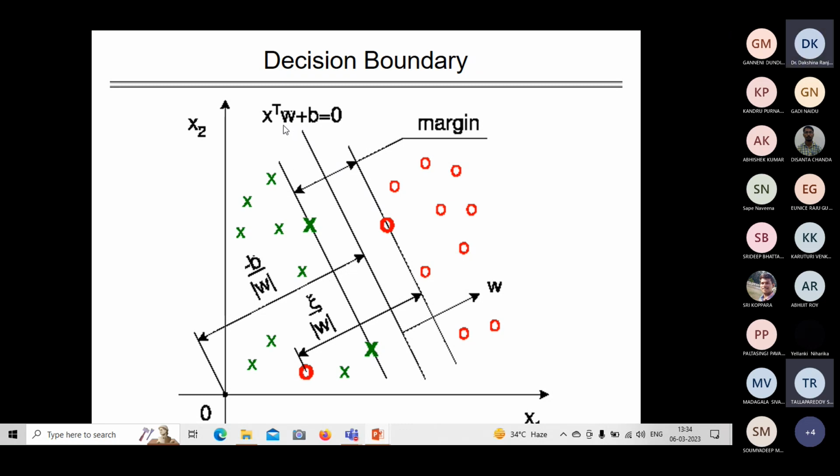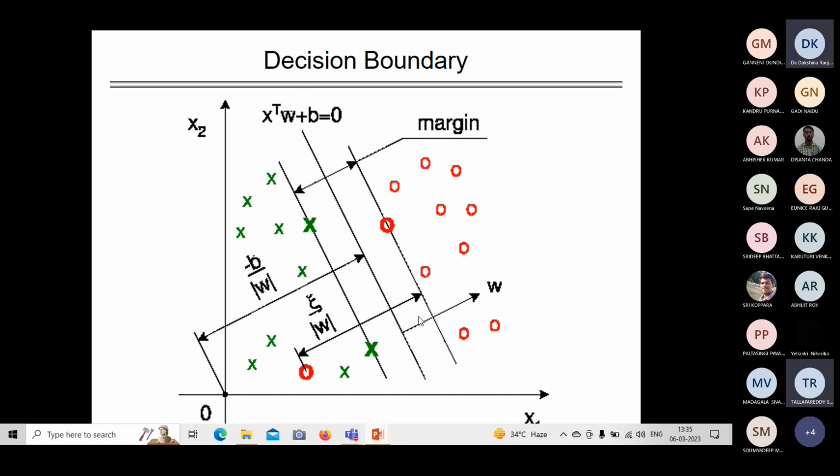We generally write w transpose x plus b equals 0. Here we have written x transpose w plus b equals 0. If we take the dot product, then the transpose should not be written, so in that case we write w dot x plus b equals 0.